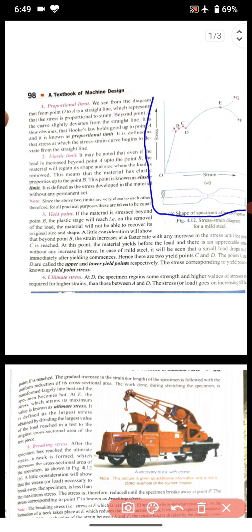You may see, and this curve is for mild steel. In the last video we had seen the content of carbon in the mild steel, that is approximately 0.4 to 0.8% of carbon.